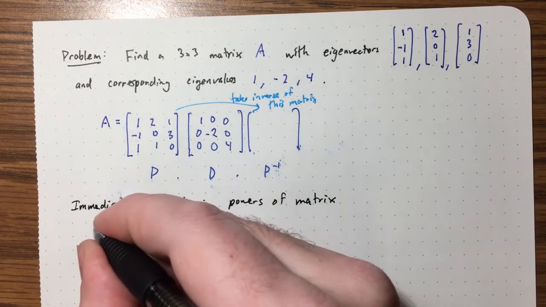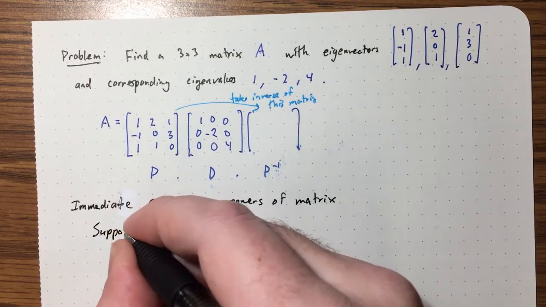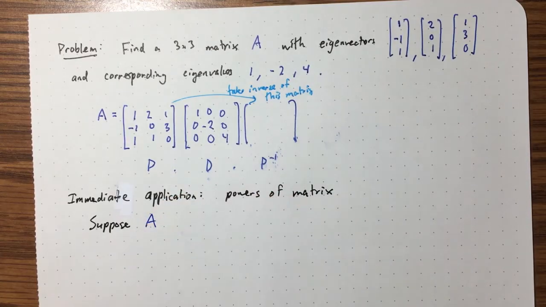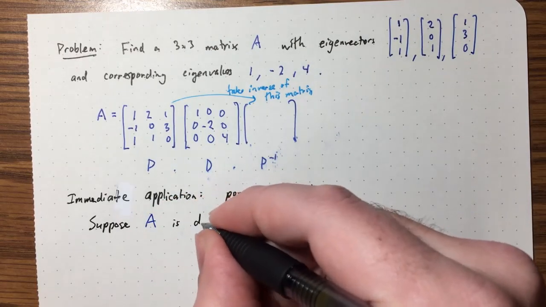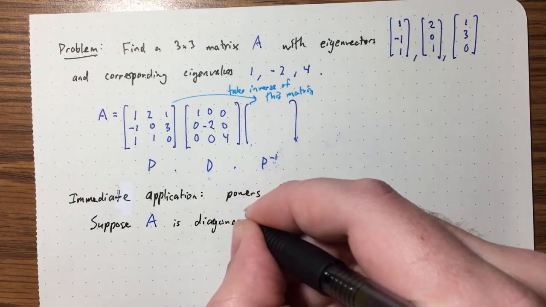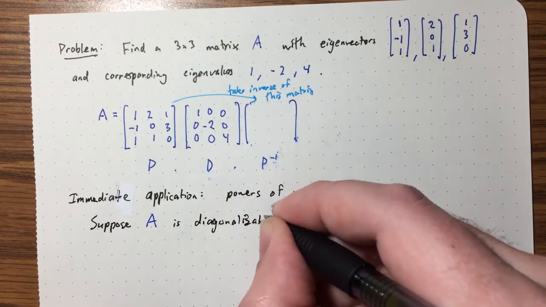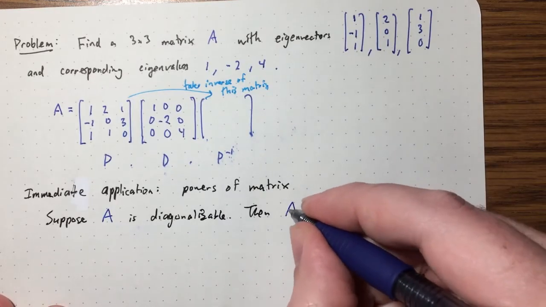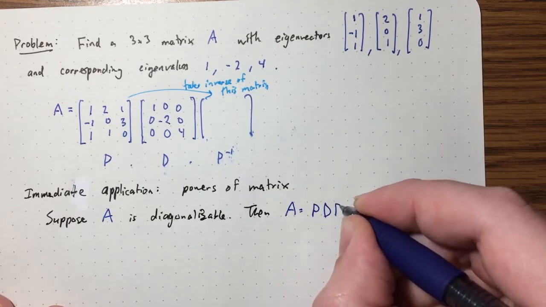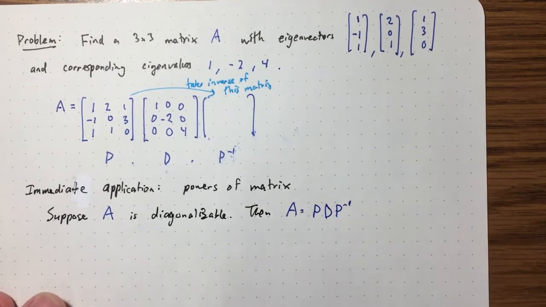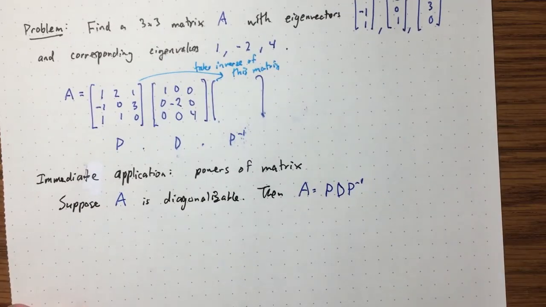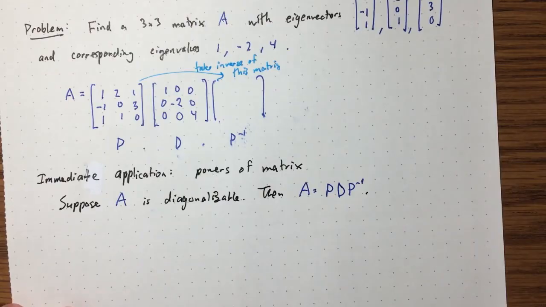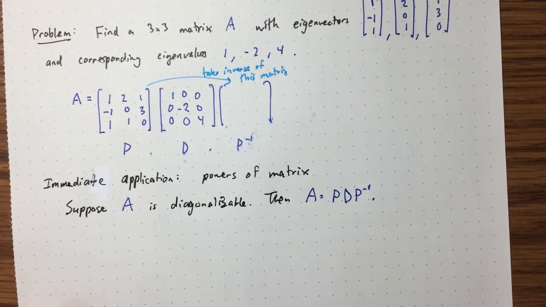So I just want to give you a hint of the idea before the next lecture. Suppose A is diagonalizable. Then we can write A as P, D, P inverse for some P and some D. In fact, we know how to get that P and D.